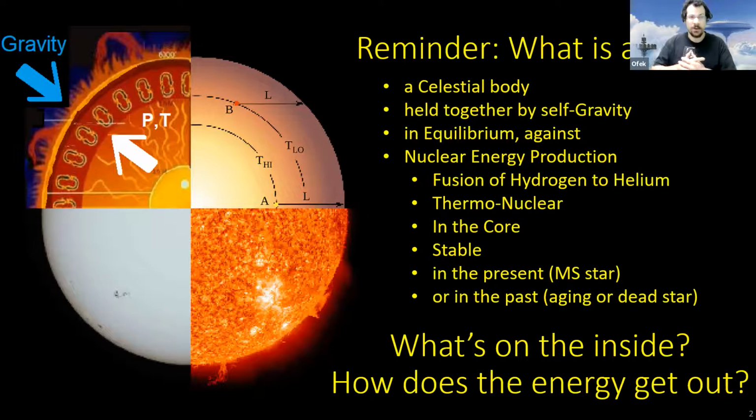And next week, we'll talk about what happens when the hydrogen runs out. But there are still a few more topics we need to cover on the internal of a main sequence star, discussing how this energy dissipates from the inside to the outside, and how to complete a set of equations to determine the structure of the star.